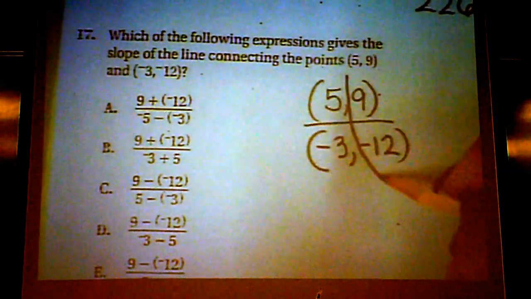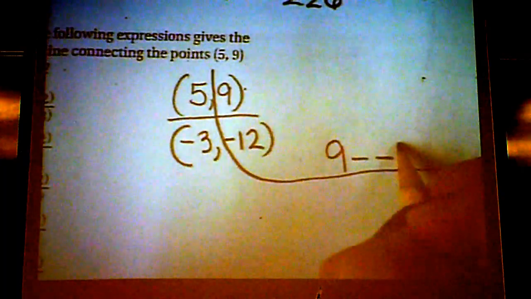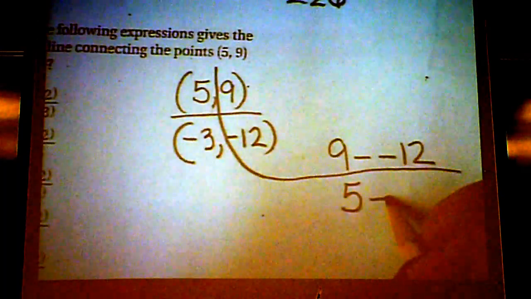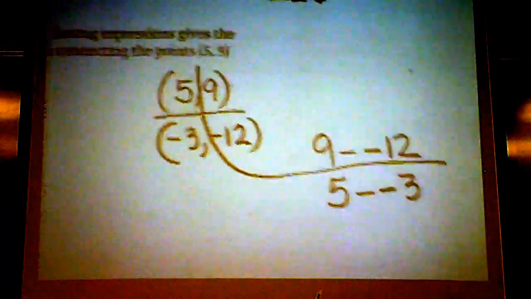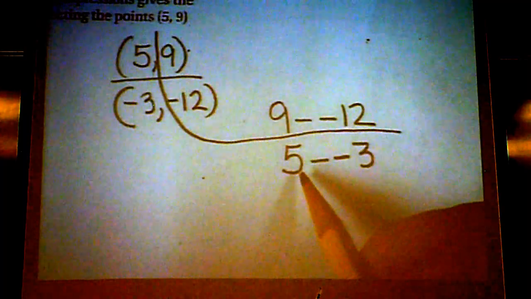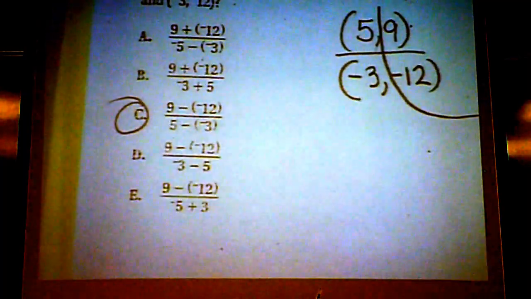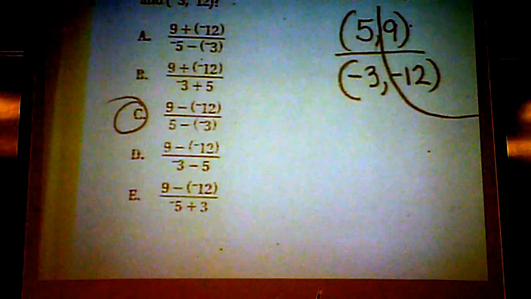You take your two y values and you subtract them over your two x values, 5 minus 2. So what is the correct answer? You could have 9 plus 12 over 5 plus 3, but they use the subtraction, and it is C. That is the correct one.